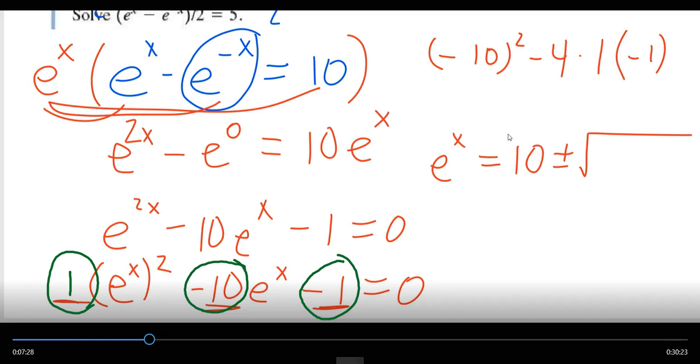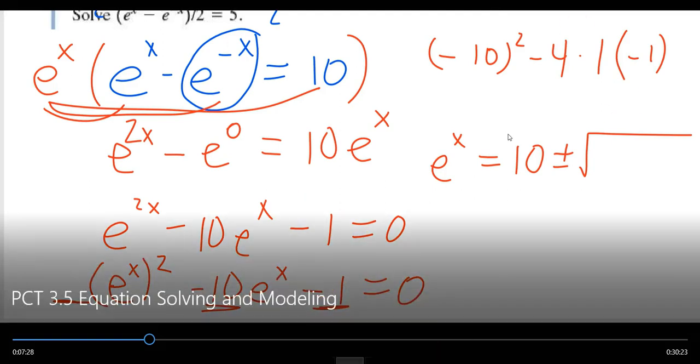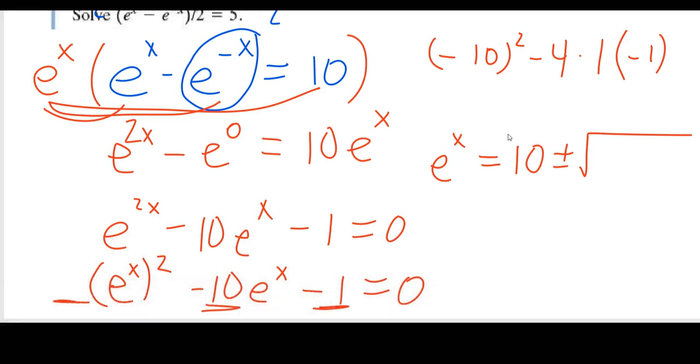That's how we're getting this discriminant, which is what? 100 plus 4, 104? Something like that. I just thought I'd double check. 104. I'm so good. So we'd have 104 all over 2 times 1.